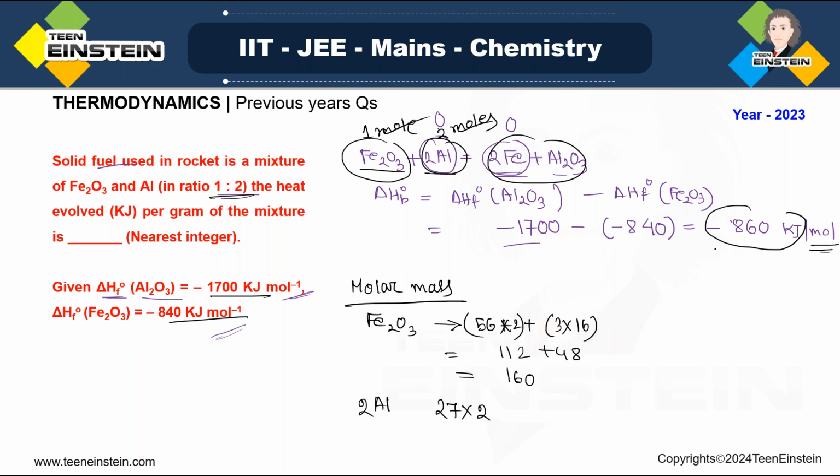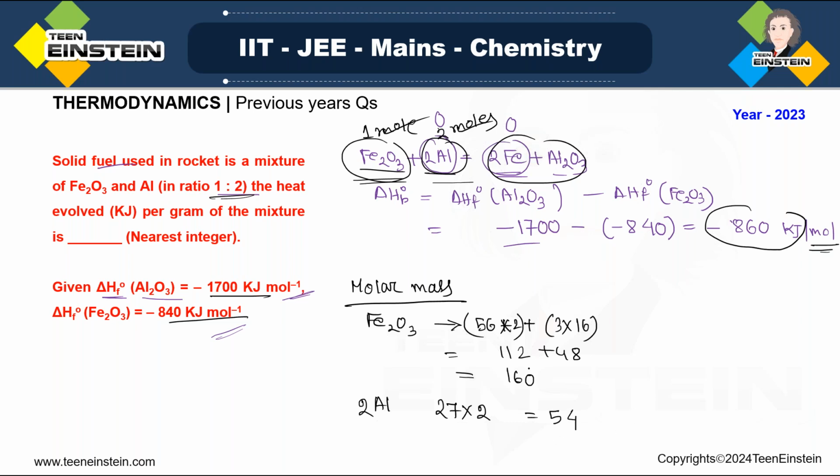So if we consider 1 mole and 2 moles, this is actually fine. This is the energy, that is, the heat evolved. So 27 into 2, we are getting 54.